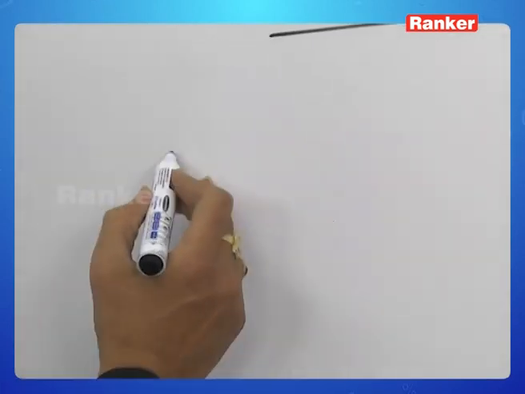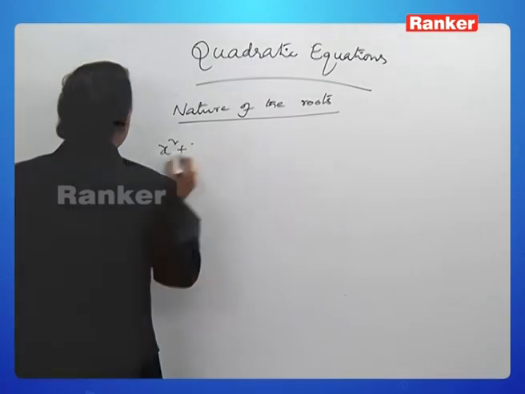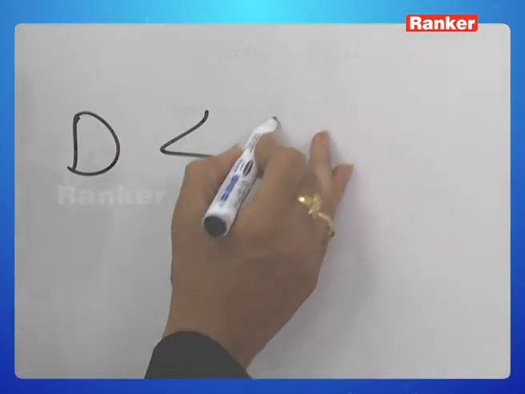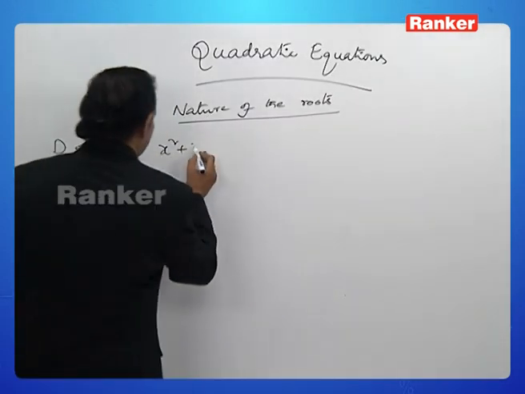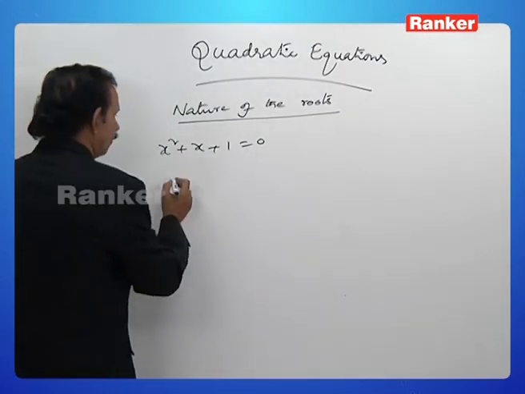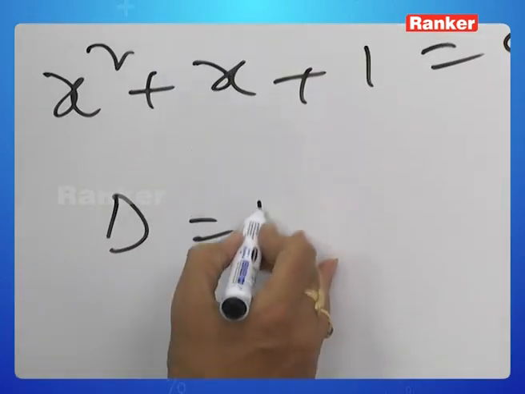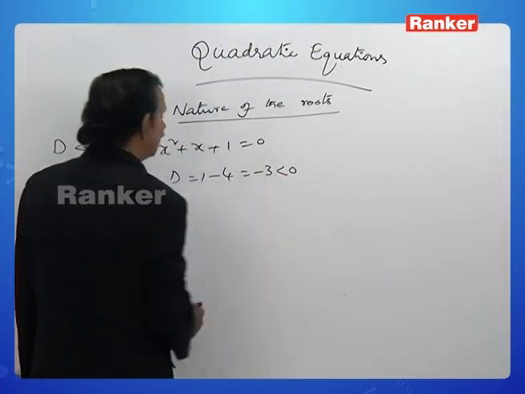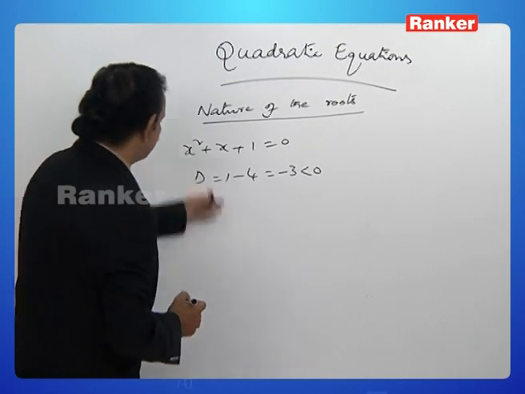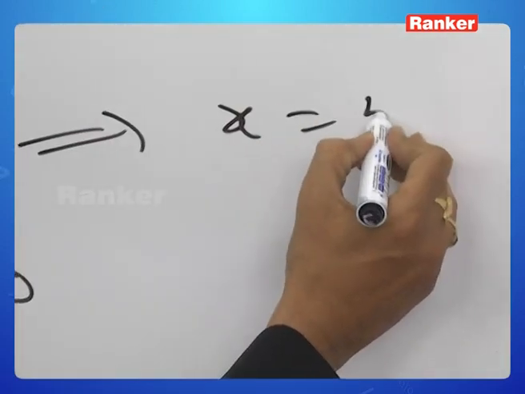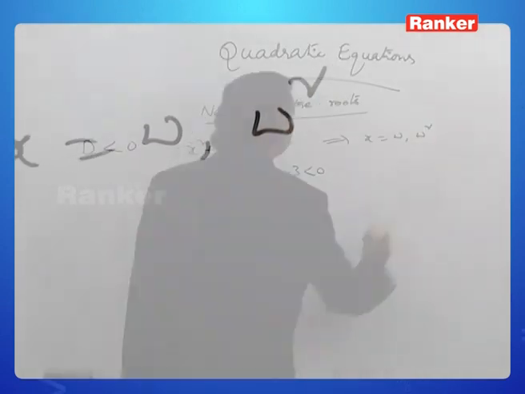Next, the case under discussion is D less than 0. Observe the equation x square plus x plus 1 is equal to 0. Consider this equation. What is the discriminant here? B square minus 4ac, that is minus 3, is less than 0. And everybody knows that x square plus x plus 1 is equal to 0 implies x is equal to omega and omega square.